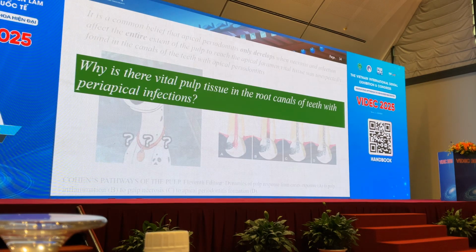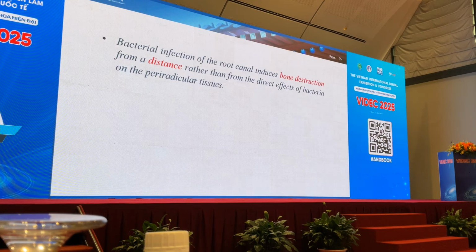And it's found that bacterial infection of the root canal induces bone destruction from a distance, rather than from a direct effect of bacteria on periapical tissue. From a distance rather than from direct effect.